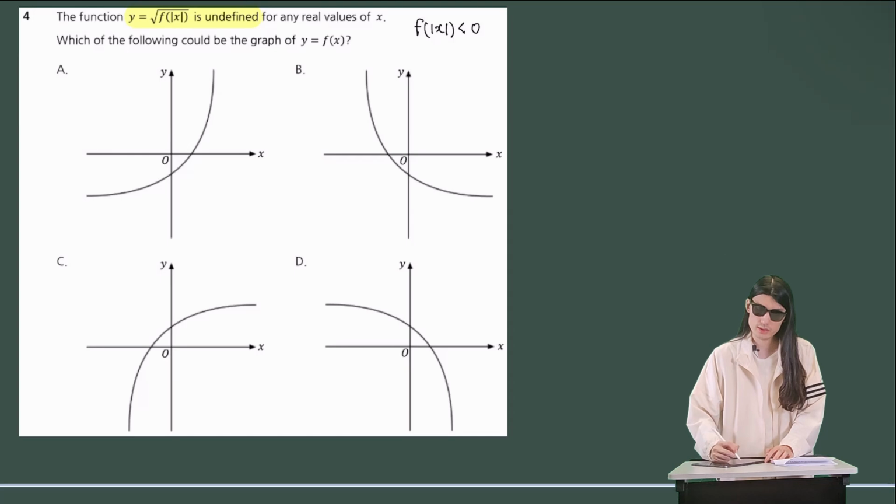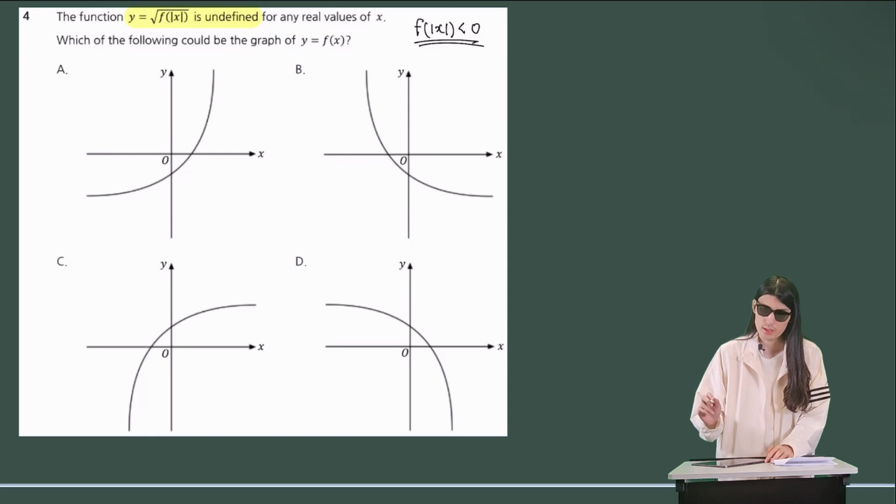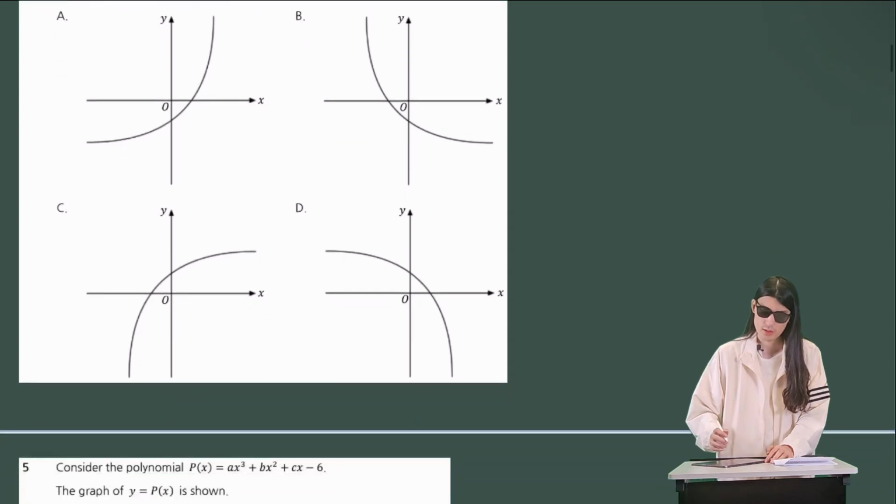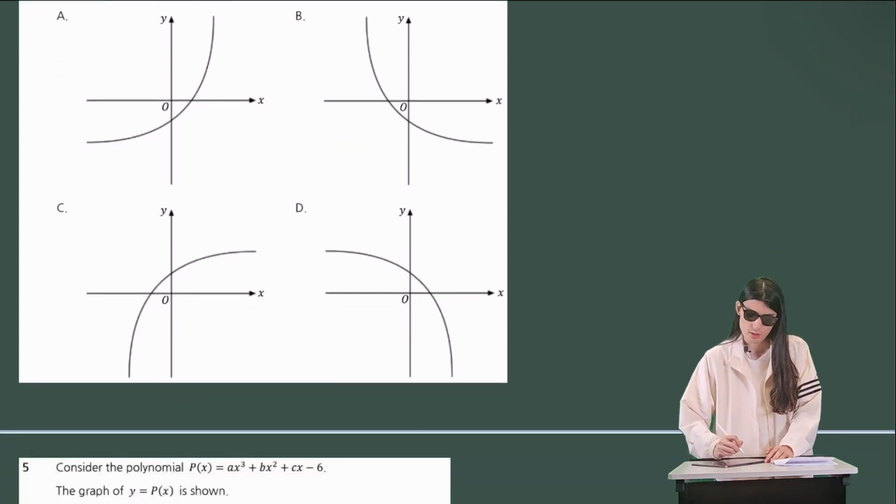And what this then means is that the graph of y equals f of x, which the question asks for over here, cannot be in the first quadrant. Because, for instance, if you look at option C, you've got this part of the graph right here.